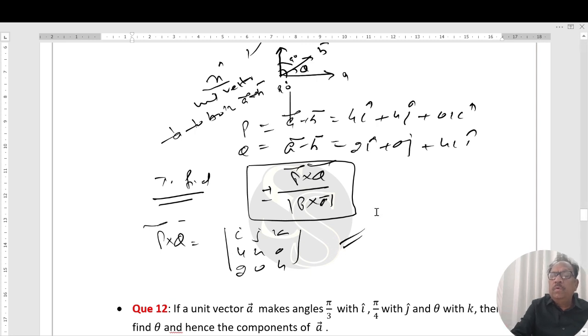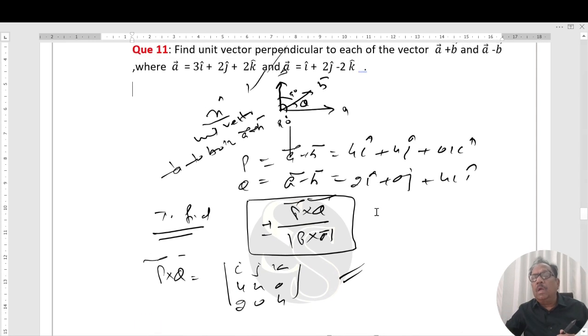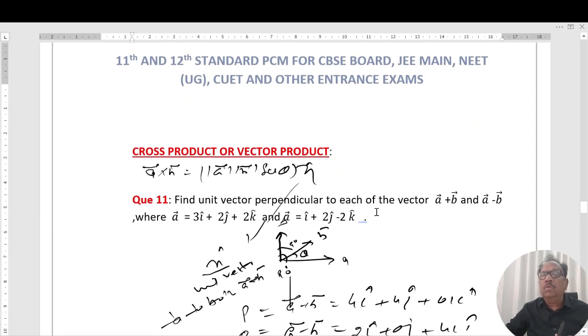Simplified, find the answer. I am telling you how it is written in Cartesian coordinates.